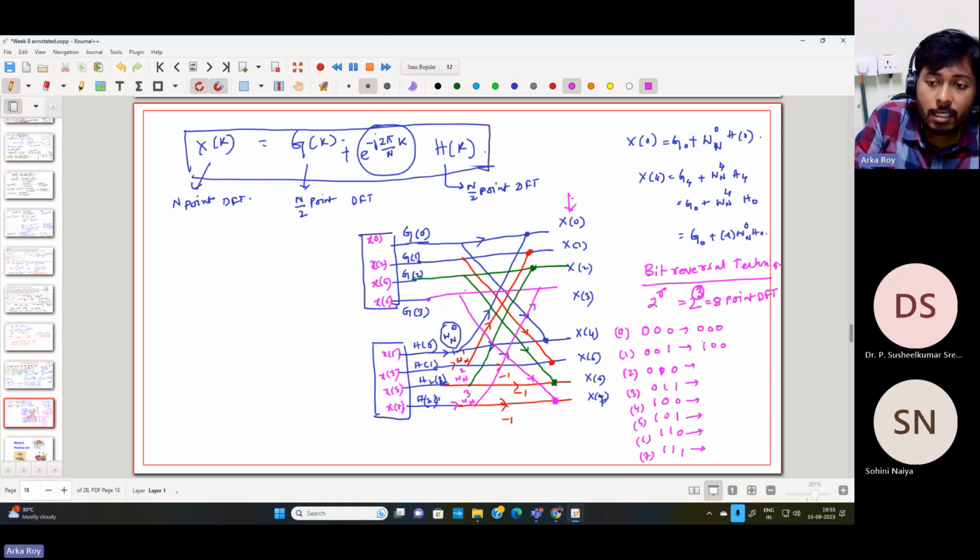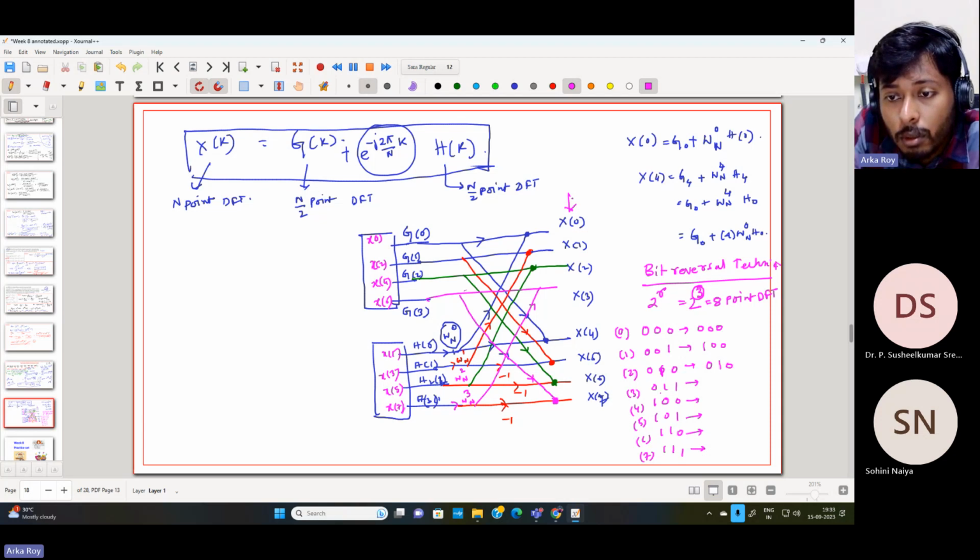So let us check how the positions are giving you this particular value. If I just take the inverse over here, it would be 0, then 010, then 110, then 001, then 101, then 011, and this will give me 1.